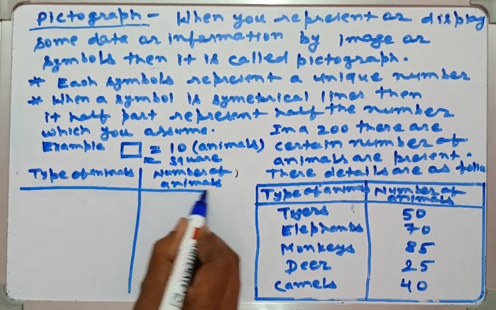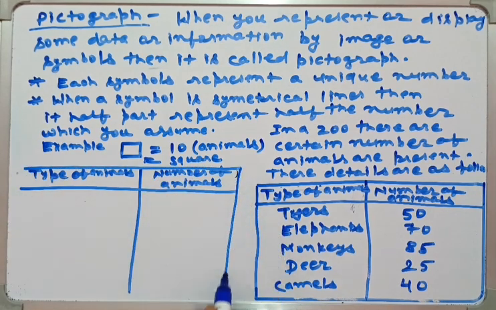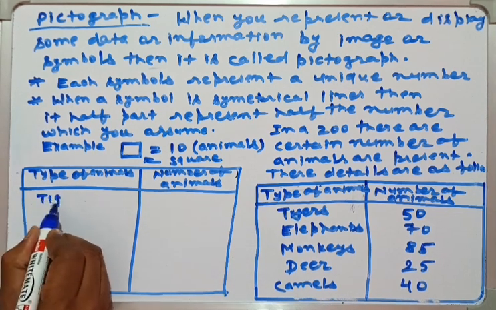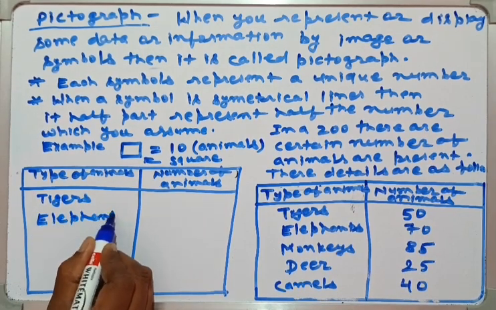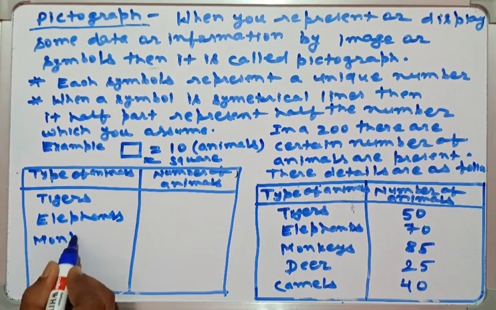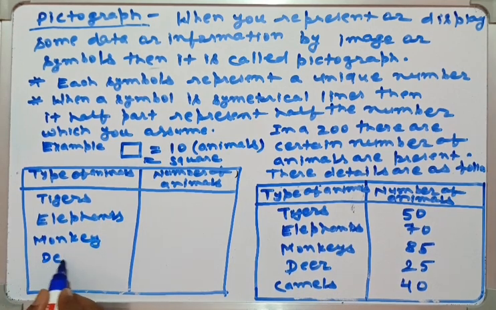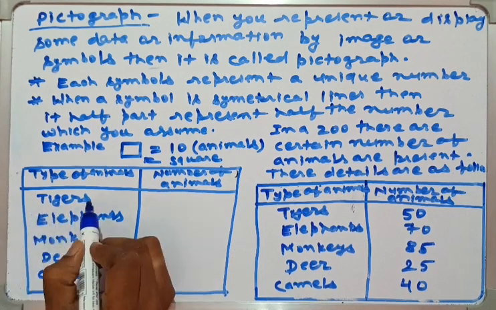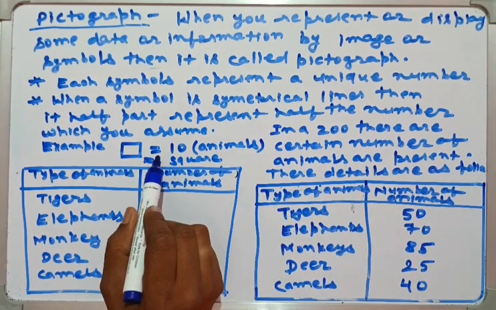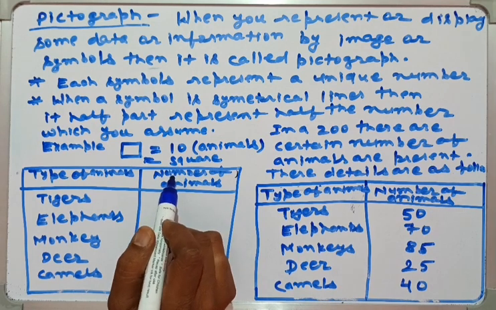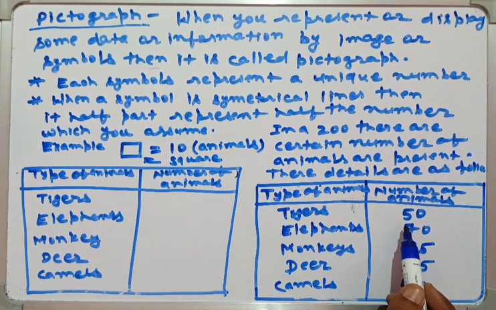See here, first I write tigers, then elephants, then monkeys, then deer, then camels. Now tigers are 50 in number and this symbol represents 10, so just divide 50 by 10, so it becomes 5.